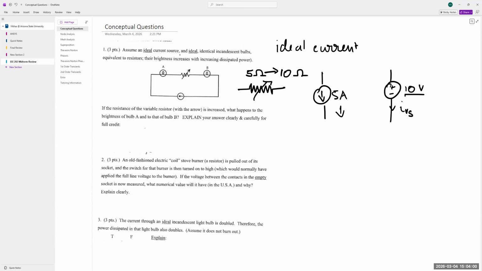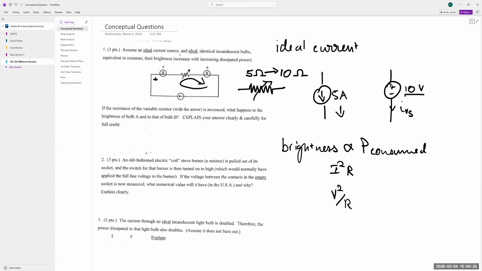One important point to remember is that the brightness is proportional to the power consumed by the bulb. And remember that in a single loop like this, the power consumed by the bulb is going to be I squared R. You might have seen other formulas such as V squared over R, which would be the voltage across the bulb squared over the resistance.